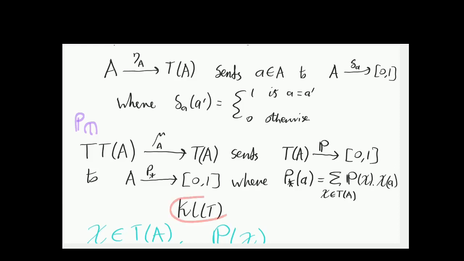But the Kleisli category of this finitely supported distribution monad is really a sort of category of stochastic maps. So it again has objects as sets, but now the arrows, rather than being functions, are stochastic maps.